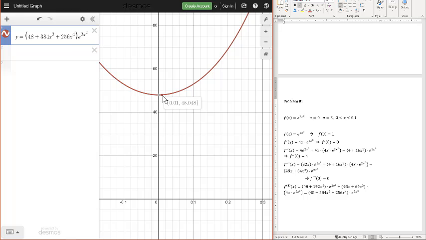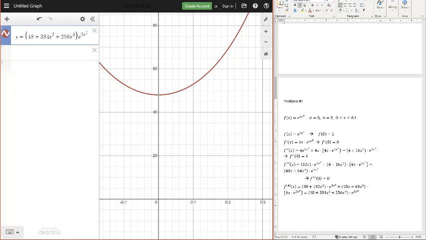So I'm interested in what happens at 0.1. Right here it goes up. That's 0.01. Let's go to 0.1. Right around here is probably going to be where I'm interested in finding that point.